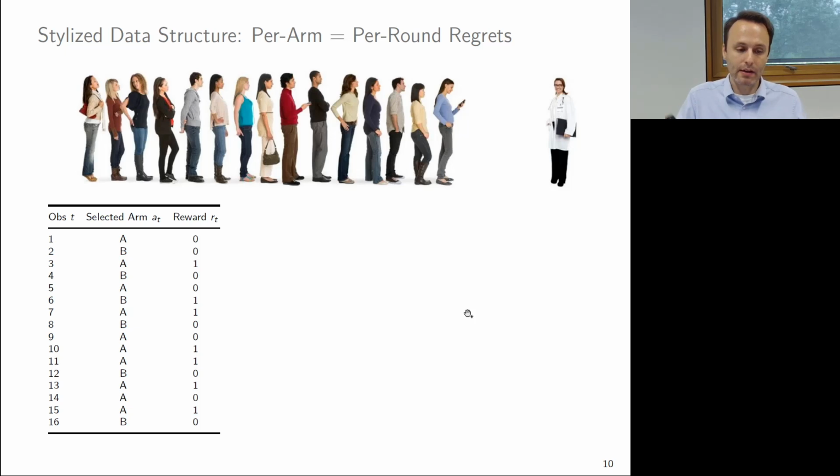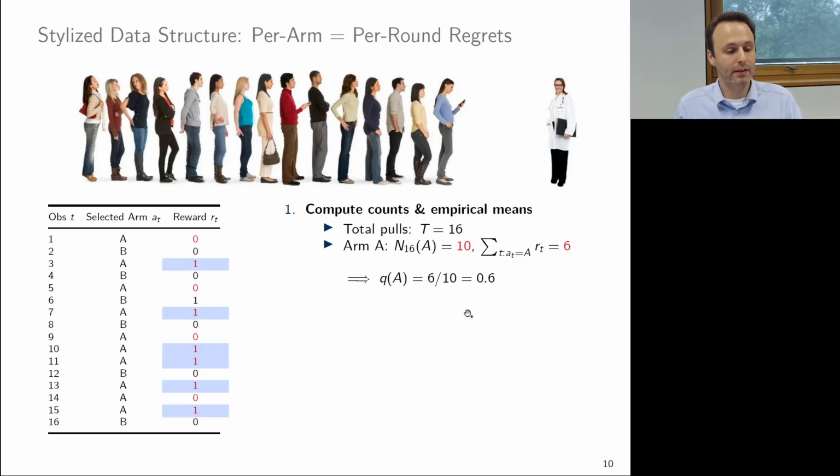Now, one property of these multi-armed bandits is that if you look at the regrets per round, it's equivalent to looking at them over each arm. To understand that, let's take a look at this example where we check when we have played arm A. Out of the 16 trials that we have done so far, we have used arm A 10 times, and 6 times, the bluish ones, we have a success.